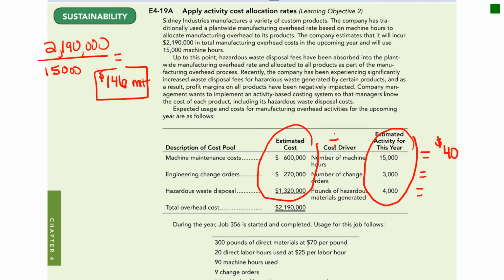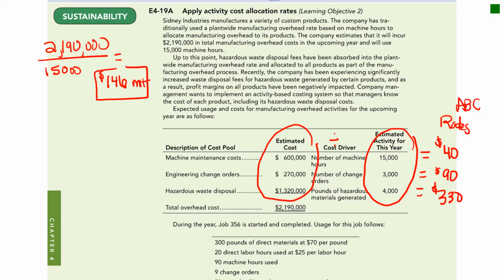For the engineering, it's 270,000 divided by 3,000, that's right at $90 per order. And the last one, 1,320,000 over 4,000, is right at $330 per pound of hazardous waste. So these would be the rates you would use for ABC.